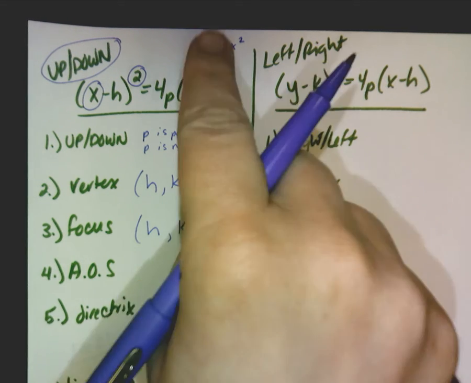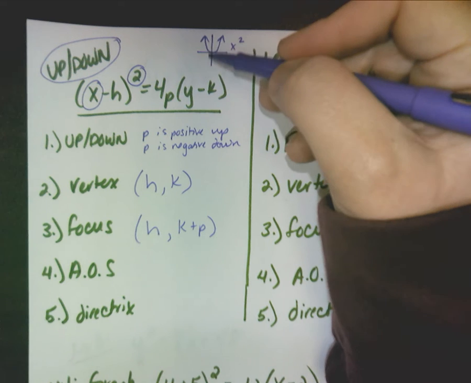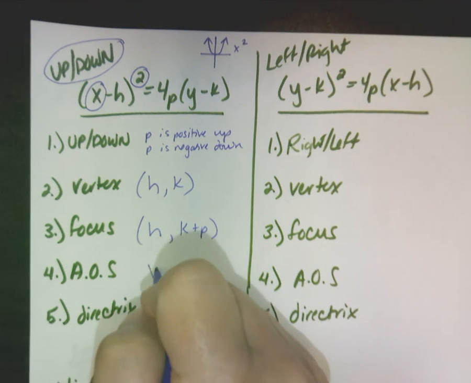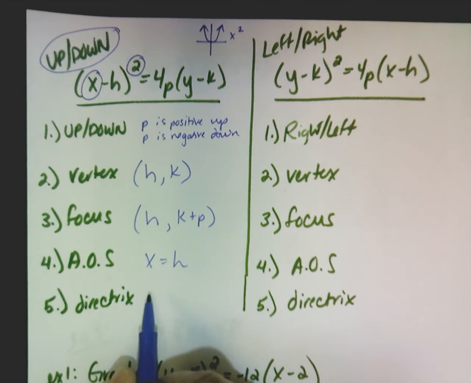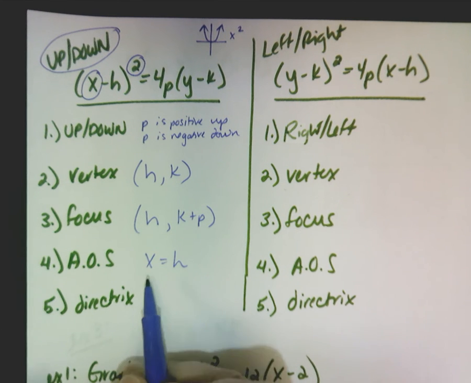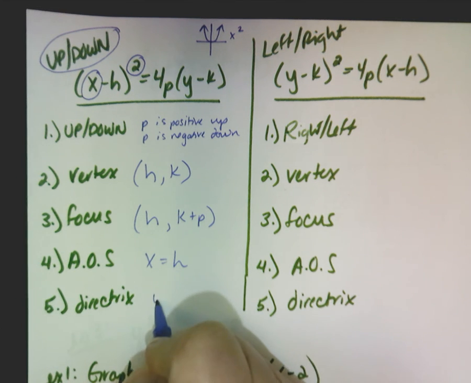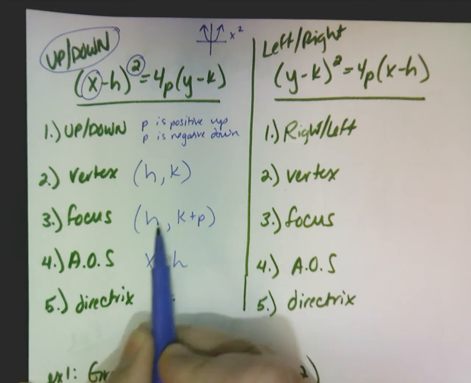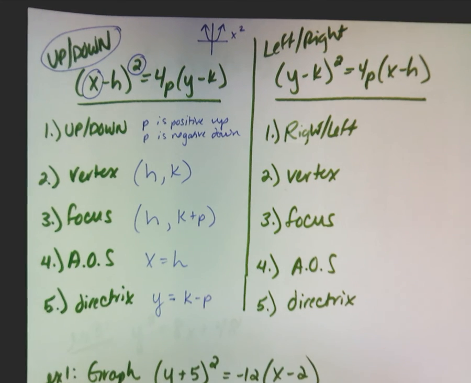Since this is an up-down, this axis of symmetry right here, this obviously would be x equals what? H. The directrix, again, is also a line. These two are perpendicular to each other. So you would have y equals, and it is p the other direction. So it'd be k minus p.